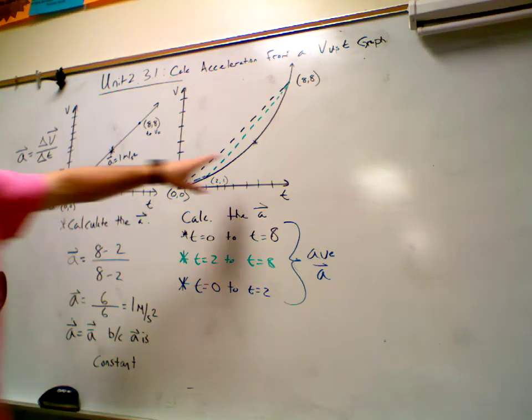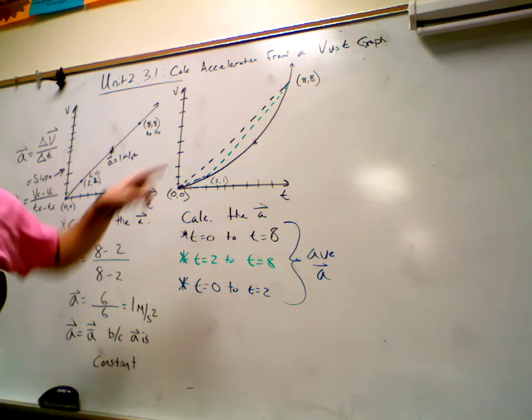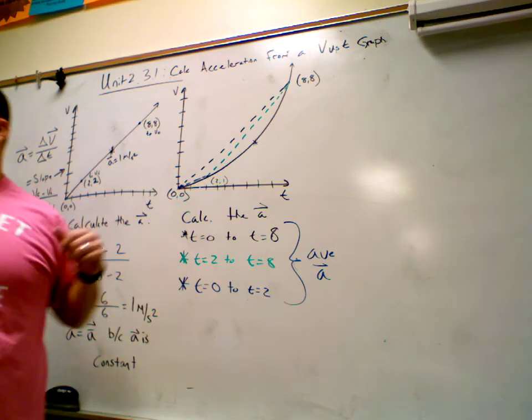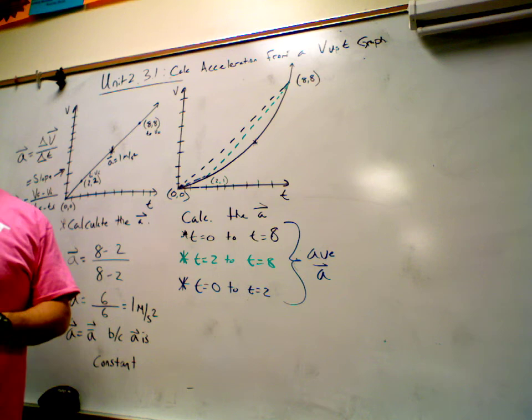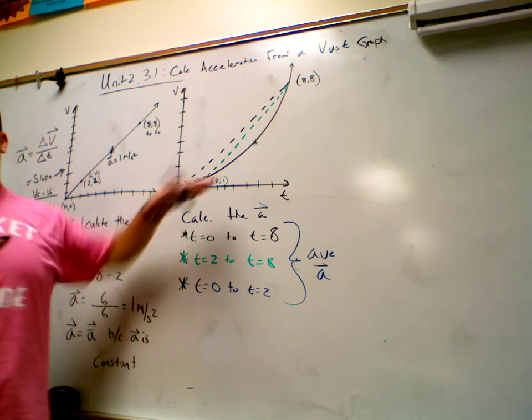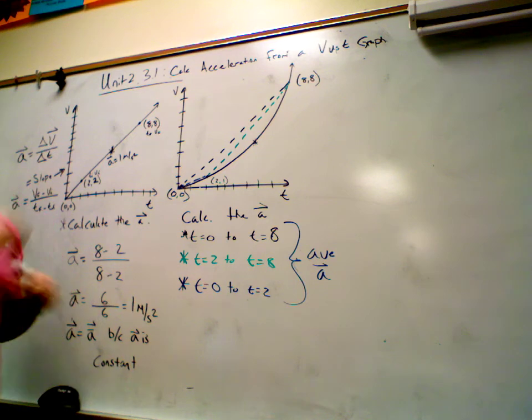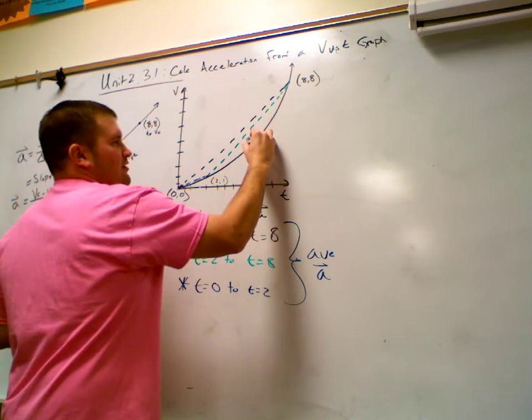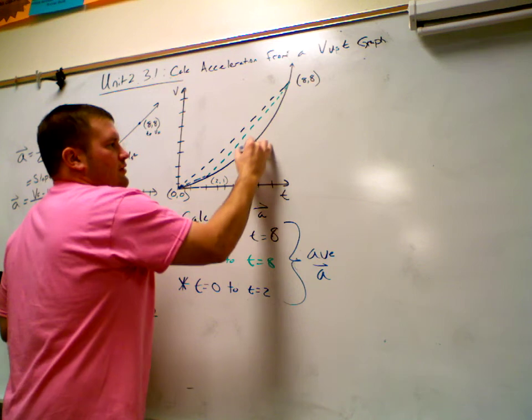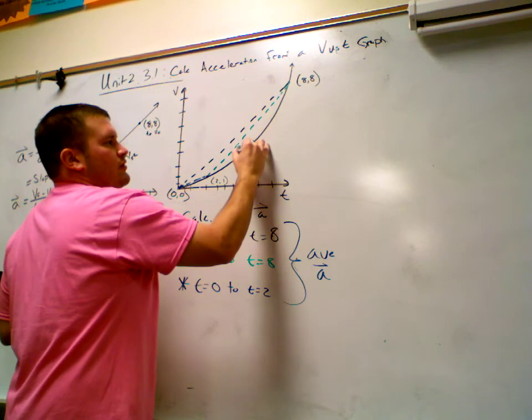If I wanted to find the actual acceleration at that specific spot, do I have to use one of these lines or should I use a different line? Different line. What should that line be to the graph at that point? Talk about it a little bit. Should be parallel at this point, right? What's the parallel line called at this point?